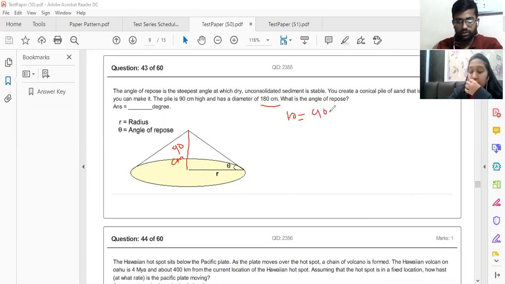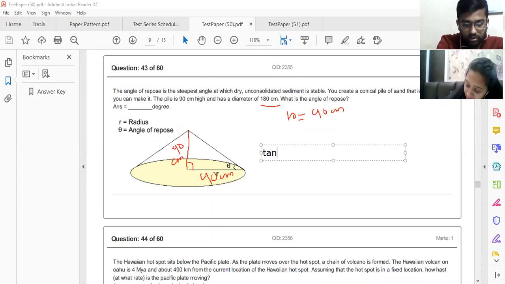So this is our 90 centimeters. Height means always perpendicular. Theta is here, so you have the opposite side and adjacent. So perpendicular upon base. What will you use? Tan theta.